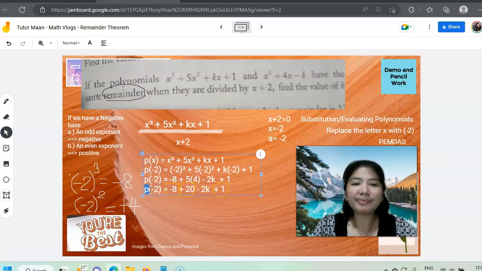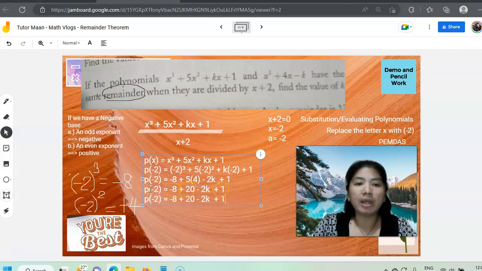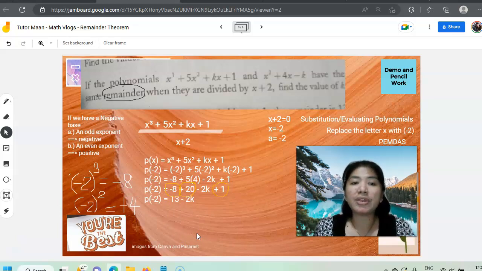So, again, negative 8, positive 20 is positive 12, then positive 12, positive 1 is positive 13. So the remainder now for the first polynomial is 13 minus 2k.